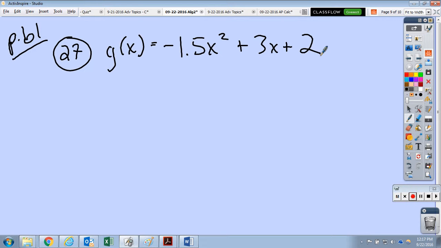The directions for this say to graph the function, label the vertex, and axis of symmetry.